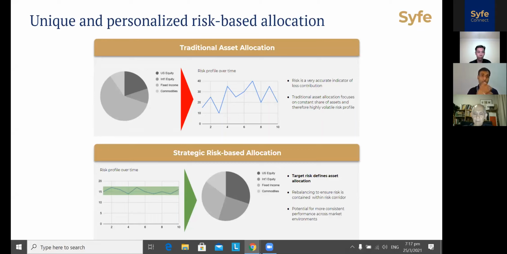Even if you have only 60% equity, and that's what is depicted on the top side of the chart, where the risk goes all over the place, even though you have a seemingly diverse 60-40 portfolio. While in our case, with the global ARI portfolio, we thought about quantifying the risk and making sure you can define a hard limit on the maximum drawdown that you want for your portfolio.